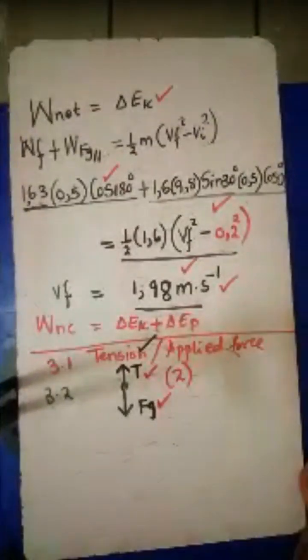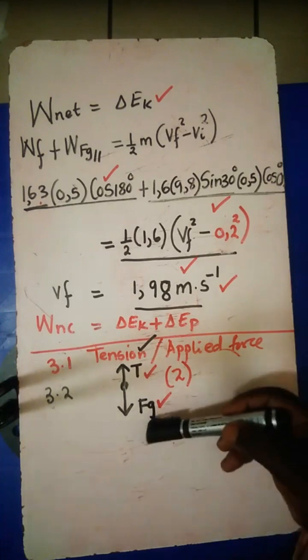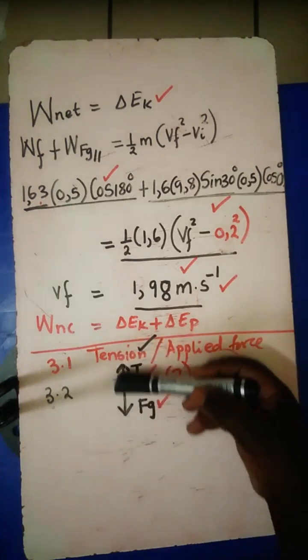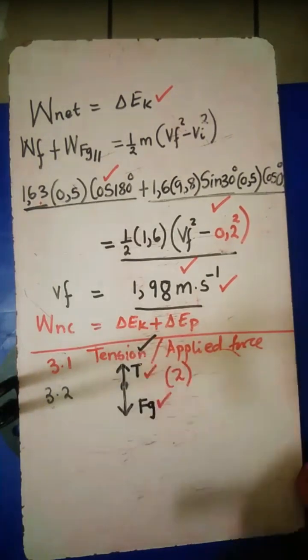What does it say? Calculate the work done on the block by the gravitational force when the block has reached a height of 12 meters, 3 marks. Right, because motion is along like this, colleagues, which means all these two forces are doing work.